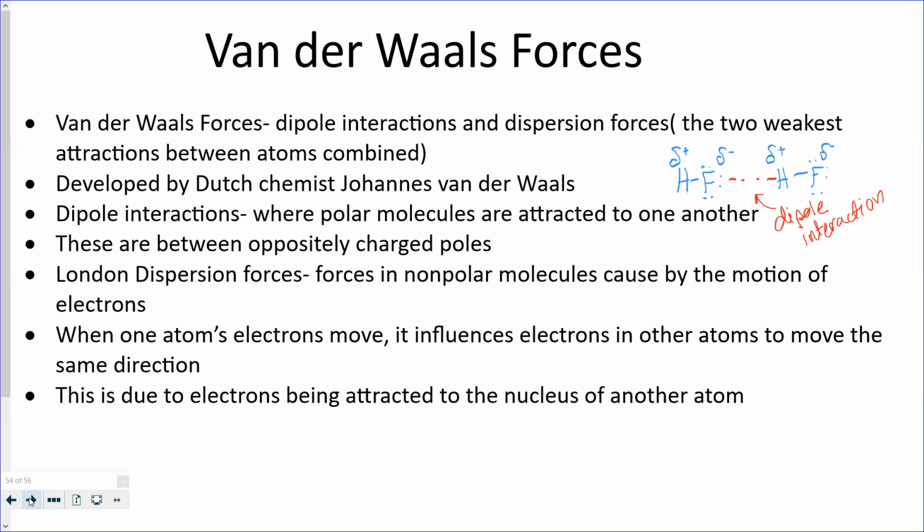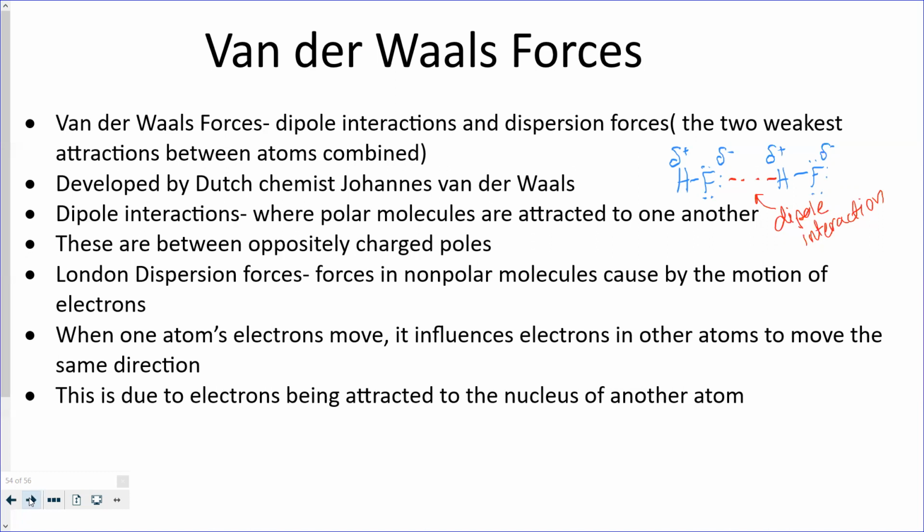Now, the dispersion forces, or London dispersion forces, we are going to see in everything, but this is typically what we're going to look at in nonpolar molecules. This force is caused by the motion of electrons, because electrons are constantly moving.